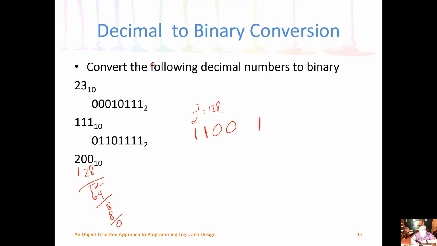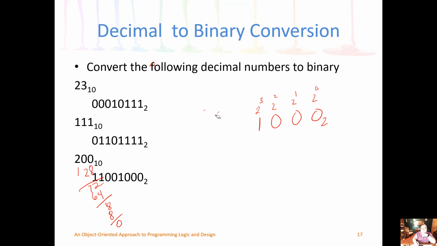Since it's already 0, then I know 2 squared is 0, 2 to the 1st is 0, and 2 to the 0 is 0. So our number is 1100 1000, and that's in base 2. Okay, so we got that correct.